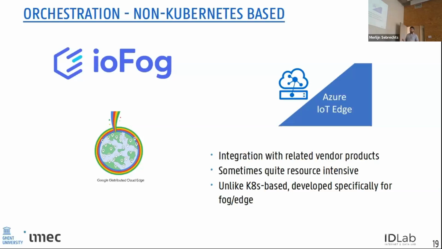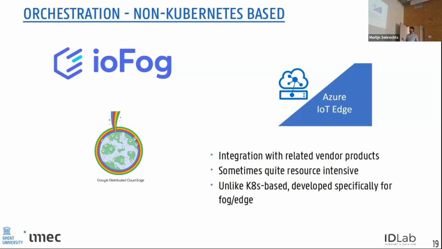Of course, the commercial ones do have integration with their other products. You can store all your data, analyze it, use it with all the other products from Azure, from Google, from Amazon, possibly. But they can be quite resource intensive. All three of these can be quite resource intensive because they are complete platforms, essentially.